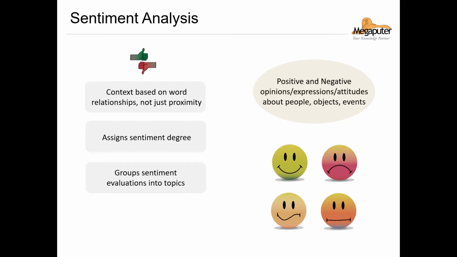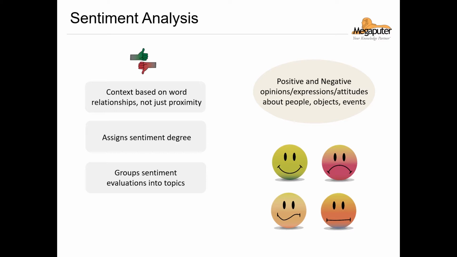Additionally, the node groups the sentiment evaluations into topics, or what we call aspects. And the reason this is important is because we all have different ways of talking about the same thing. So if there are mentions of associates, agents, and customer service representatives in association with various sentiments, we might want to consider these all as staff members and group the associated sentiments together.